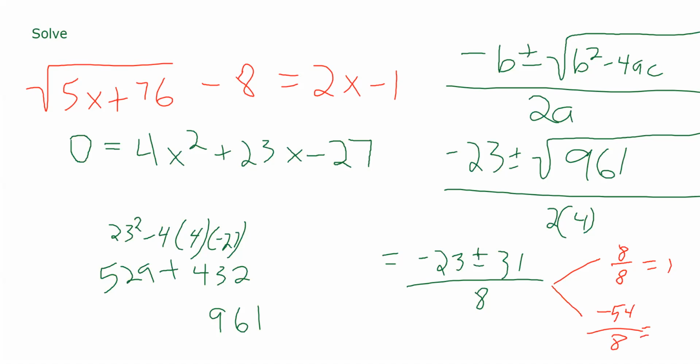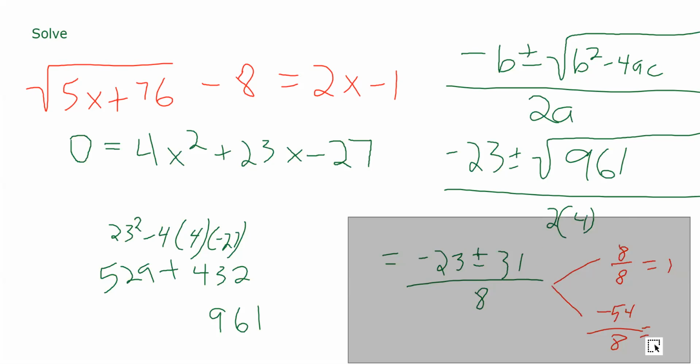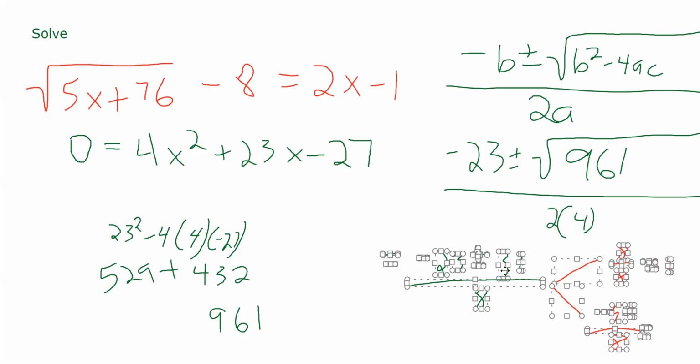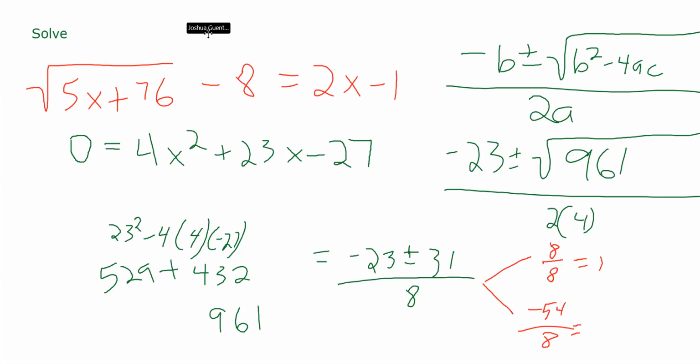Let me give myself a little more space. You can simplify that fraction just a tad. Negative 27 over 4. So these are going to be 2 potential solutions that are going to work.